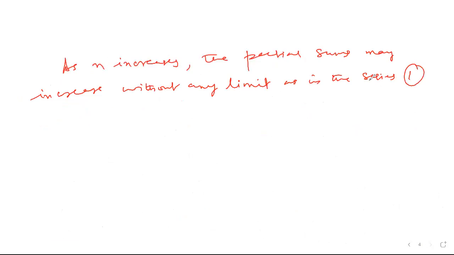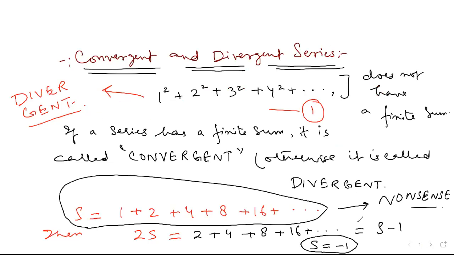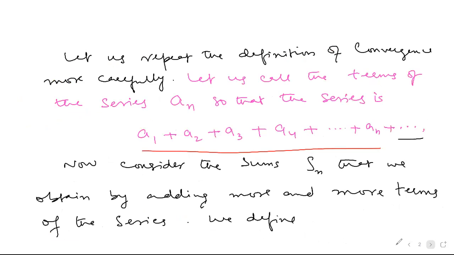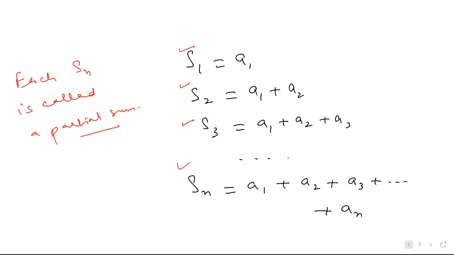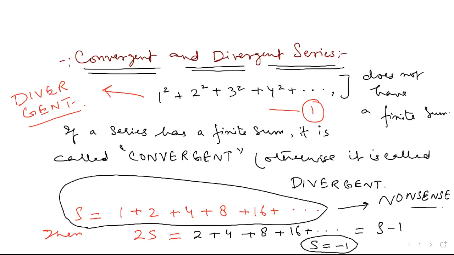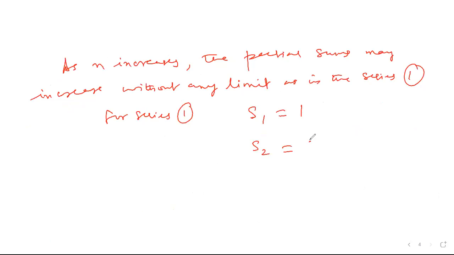Let me name it as the series 1. For series 1, you can see what S1 is. S1 is just the first term, which is 1 square, that's 1. What is S2? S2 is 1 square plus 2 square, that is 1 plus 4, that is 5. What is S3?